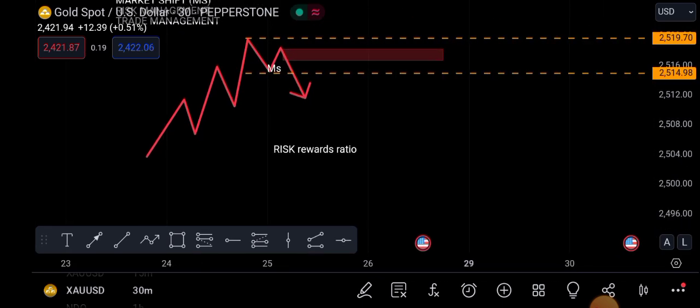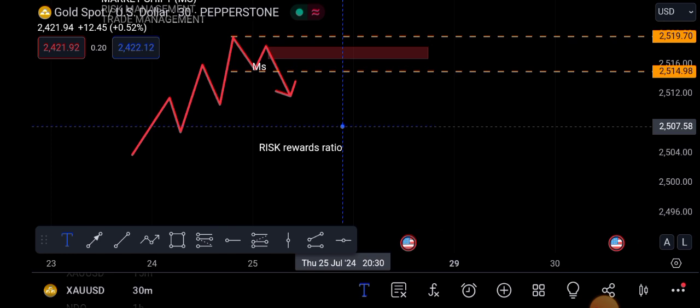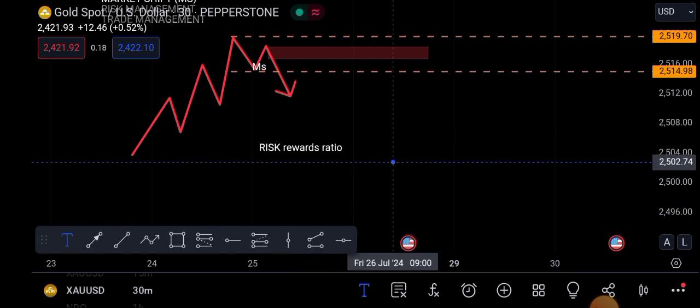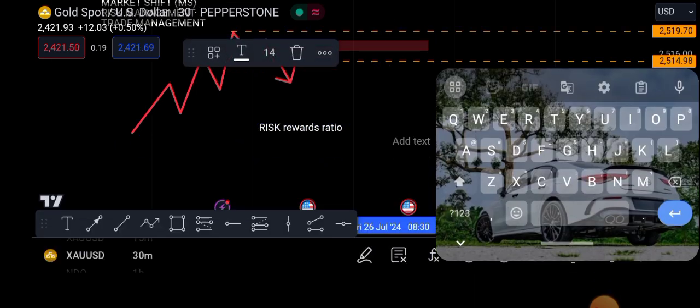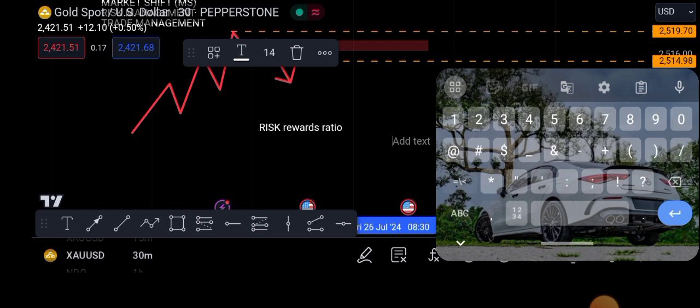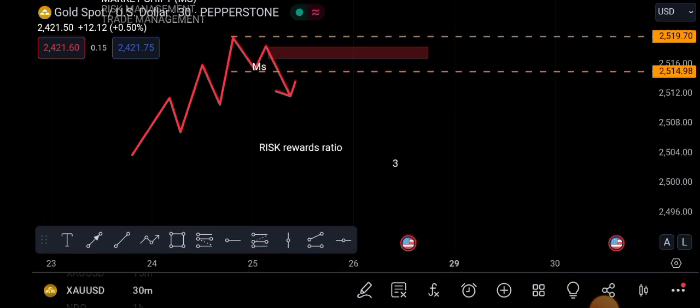Let's say you took 3 trades today. Let's do a little mathematics. Let's say you're using a constant risk reward, risking $10 to make $20. Let's make use of four.